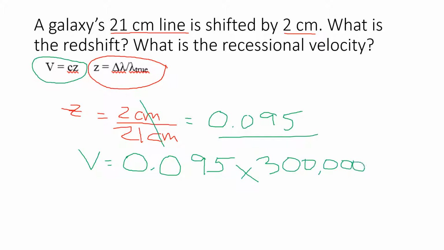So if you grab your calculator, we can multiply that out, and that comes out to 28,571-ish kilometers per second. So that galaxy is really hauling. So that gives us the first part of the problem.